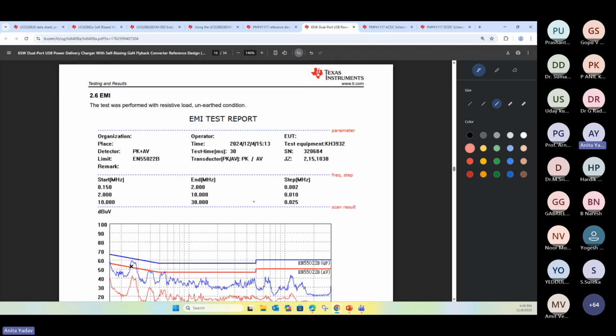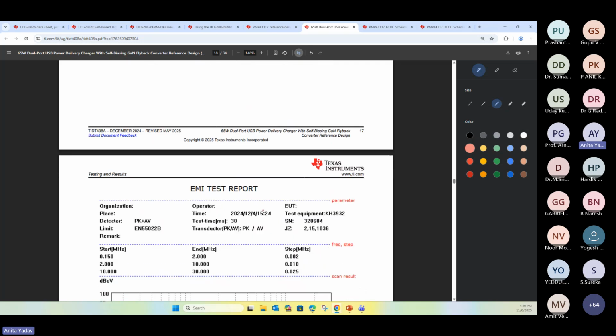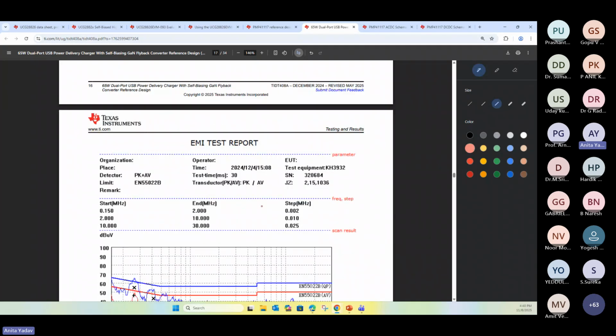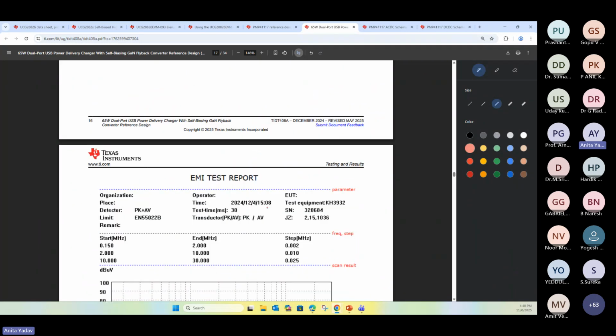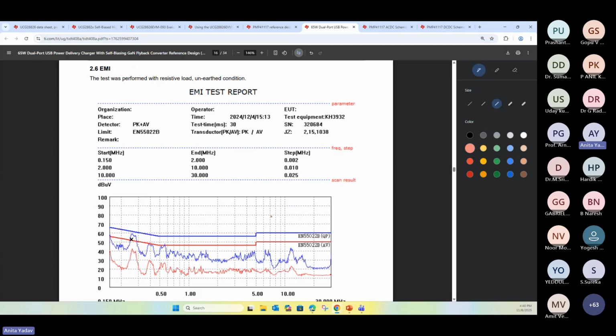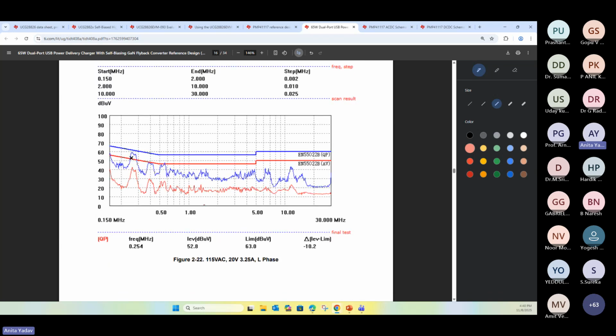Then here is the EMI test report available. In the industry there are two types of classification, non-commercial and commercial. This comes in the category of non-commercial, and automotive comes in the category of commercial. In non-commercial, we have to pass the standard called CISPR 32, in which you do both tests, conducted EMI test and radiated EMI test.